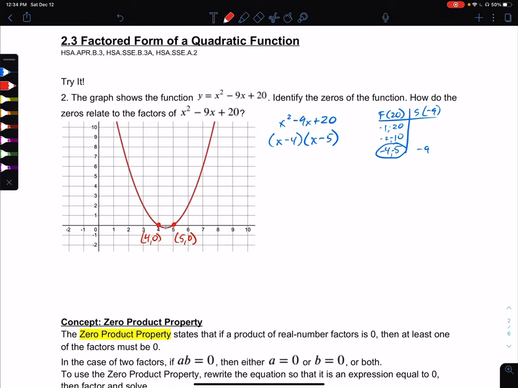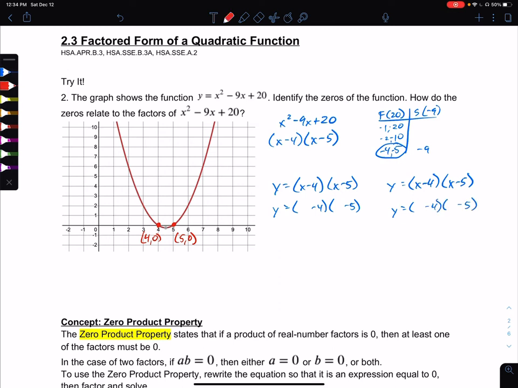Well, like in the previous video, if I take my factored form and in place of x, I write my zeros, which I pulled from the graph.